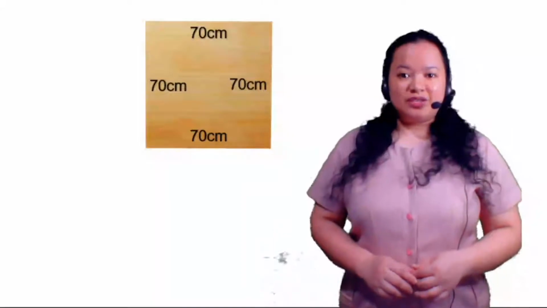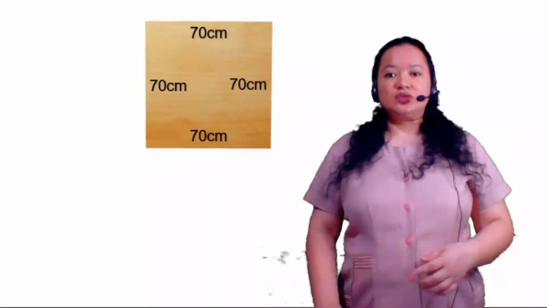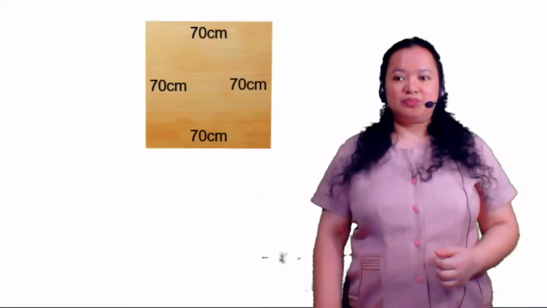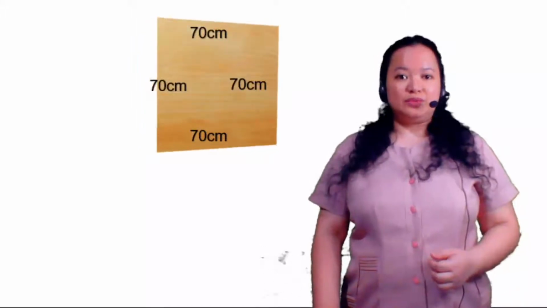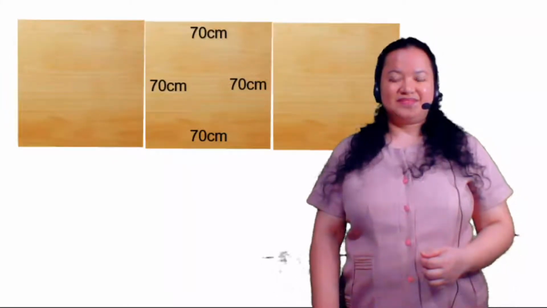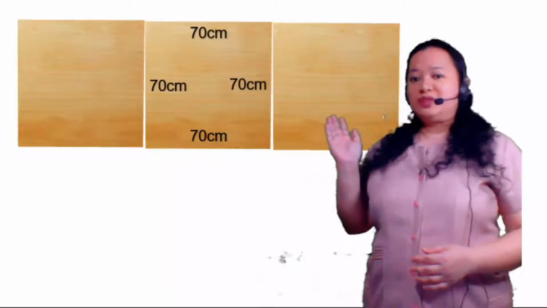Let's have a clearer view. By looking at the top, we can see that one square working table measures 70 centimeters. And two more square tables were placed end to end. We were asked to find the perimeter of this new table formed.